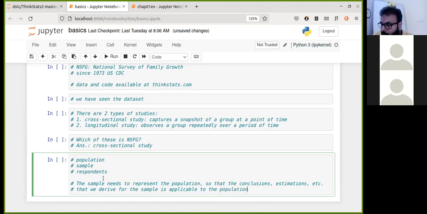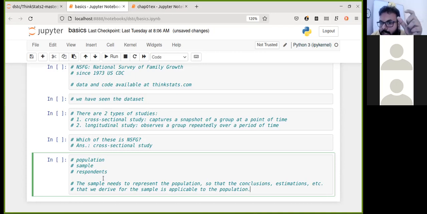If the sample does not represent the population, then that is a problem. Let me give you an example.